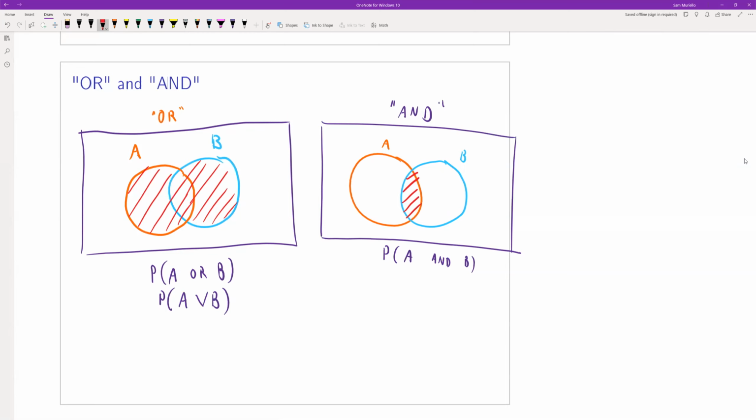Now, already we can create a little bit of math that we can do with these things. We can have that the probability of A or B is equal to. Now, keep in mind, in terms of our picture, what we're looking at there is this entire piece.